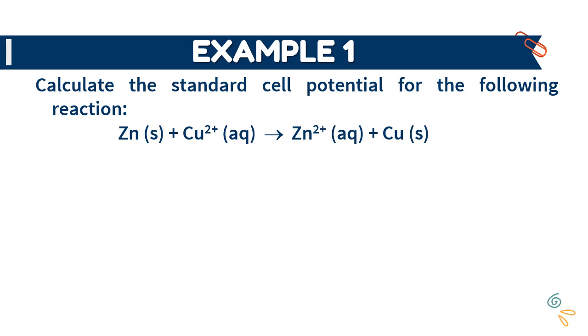By experiment, we can directly measure the value of the standard cell potential. So what does it mean when it asks about the standard cell potential? It asks about the value of the E0 cell.